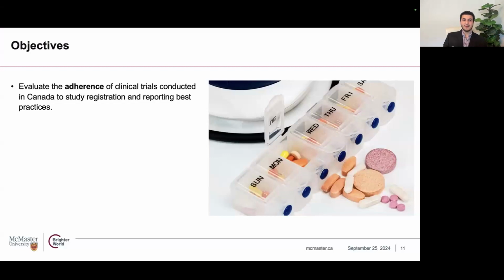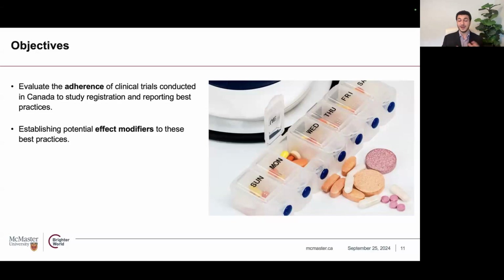So the objectives of our paper were to evaluate the adherence of clinical trials in Canada to those registration and reporting best practices. We took it a step further and wanted to identify potential effect modifiers to these best practices. So we wanted to see what variable could correlate with successful adherence to those best practices.